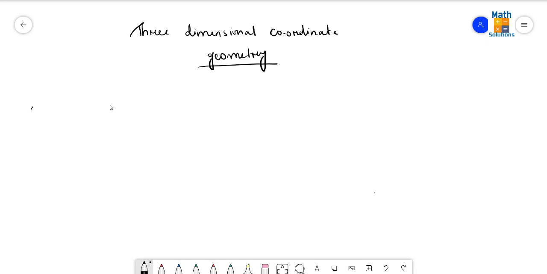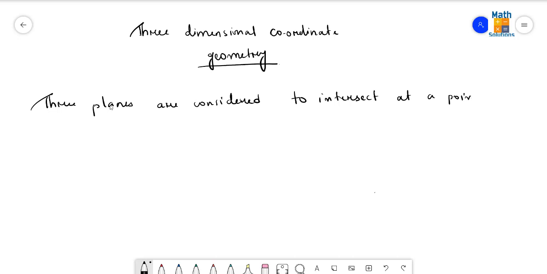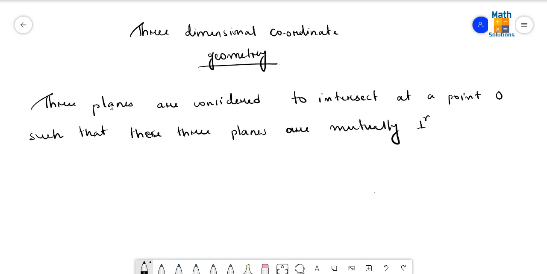Actually, we are going to consider here three planes to intersect at a point O such that these three planes are mutually perpendicular to each other.